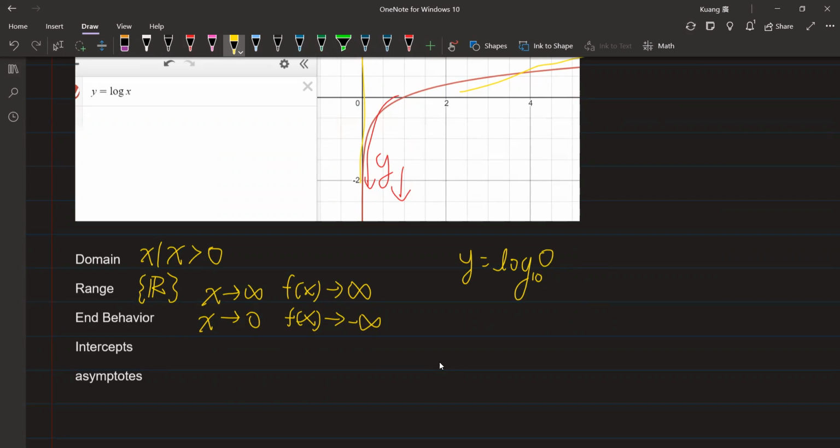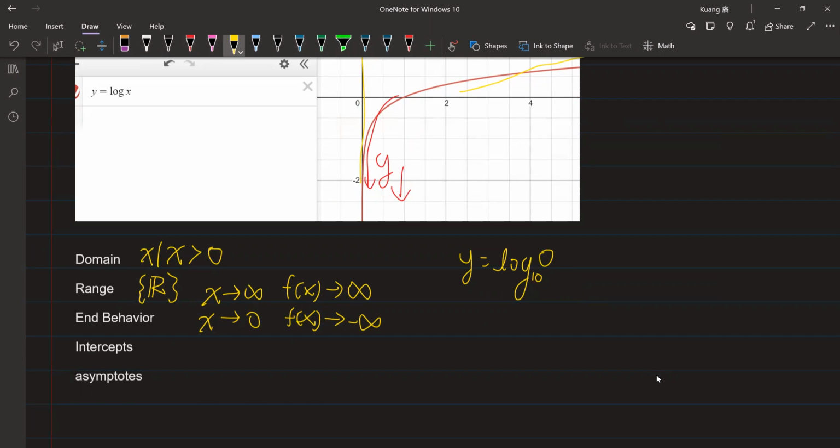By the way, do you know how to type log on the TI-84? If you don't, come to me. Basically, use math and scroll down. There's an option called log base, and that option you can type.